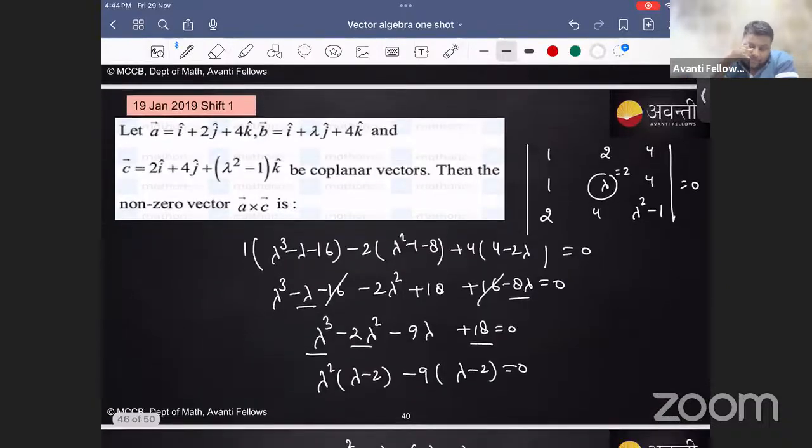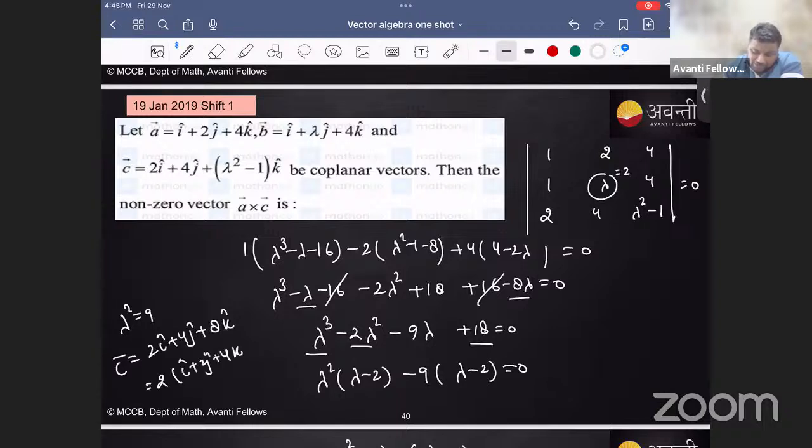Now they are asking for the non-zero vector A cross C. See, if I take lambda as 3 or minus 3, lambda square is 9, your vector C is going to be 2i cap plus 4j cap plus 8k cap. That is 2 common, i cap plus 2j cap plus 4k cap. So it is 2 times vector A.